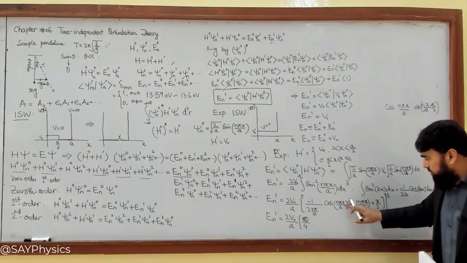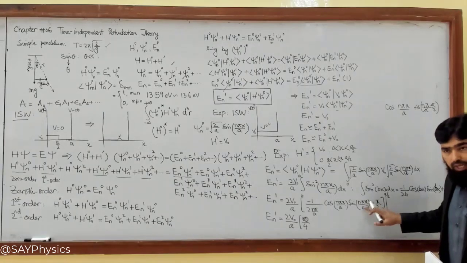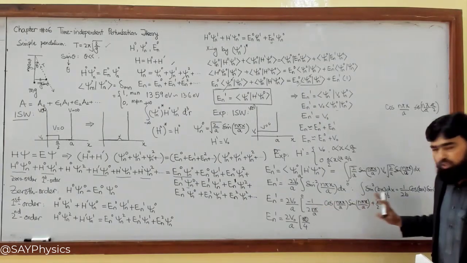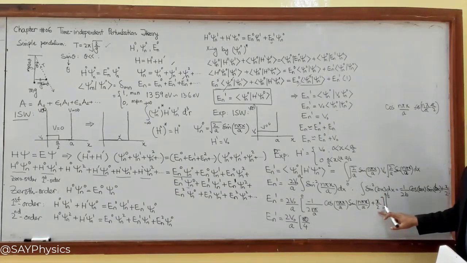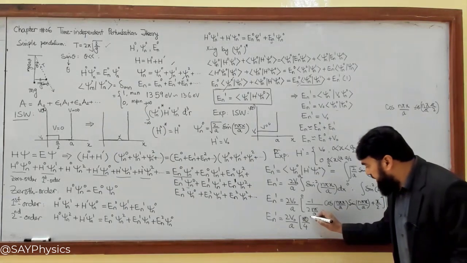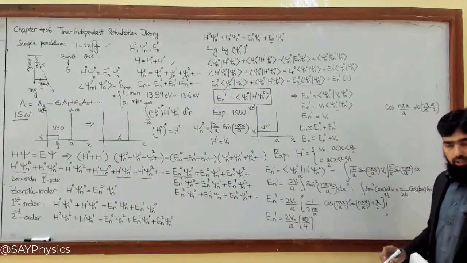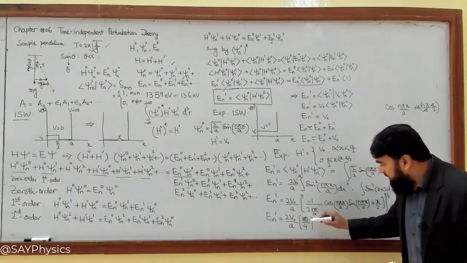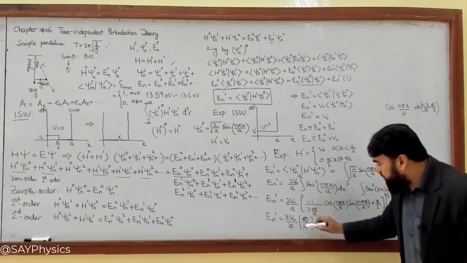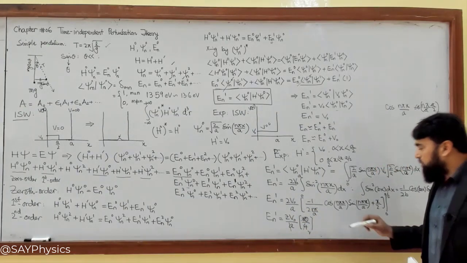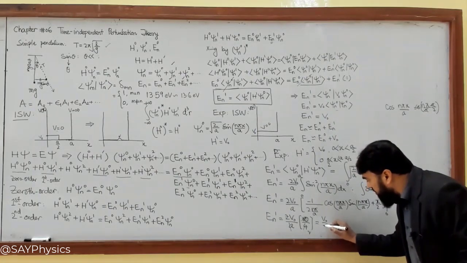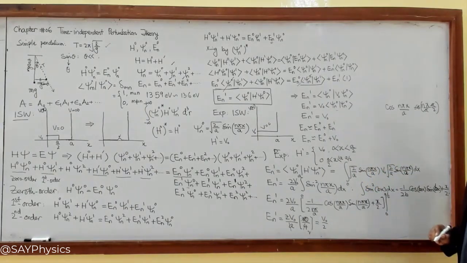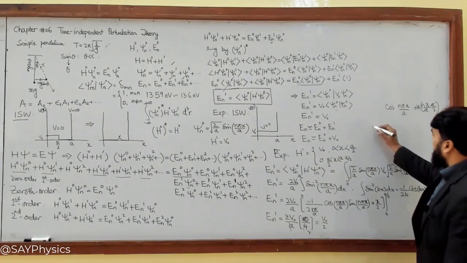If I put x equal to 0 here, sine 0 is 0. So this whole term becomes 0. And x at 0 here, this term also becomes 0. So it means it is just a by 4 here. And it can simplify with this. A cancels with this, and 2 simplifies with this. So the first order correction comes out to be V naught over 2. So what about our energy?